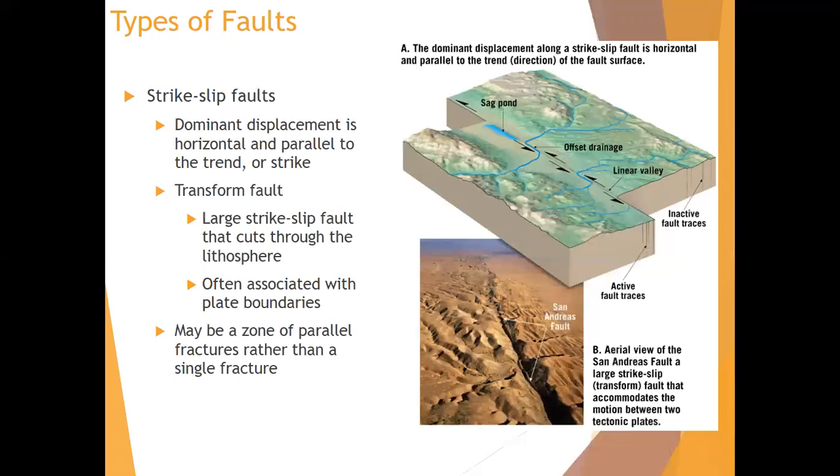Movement along this fault may result in earthquakes, and movement tends to not necessarily be along the entire strike slip fault when movement occurs. It may still happen in a very small zone of your strike slip fault.